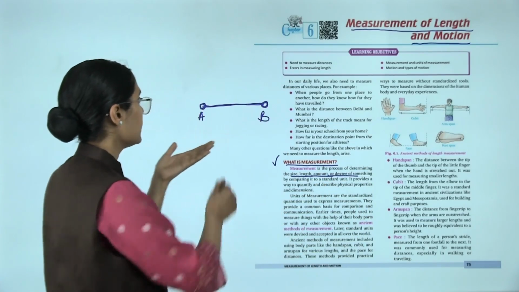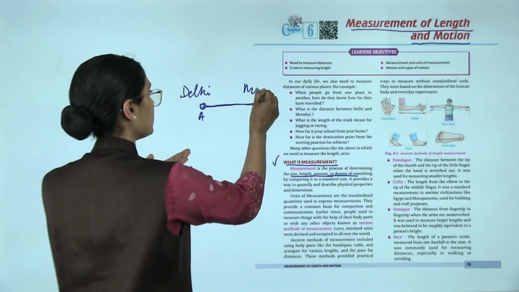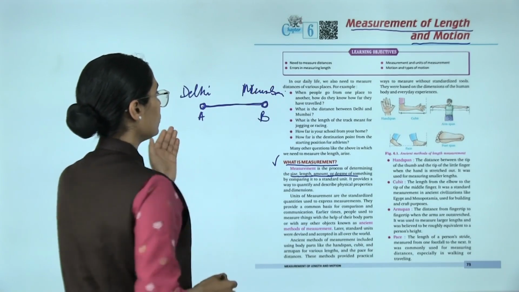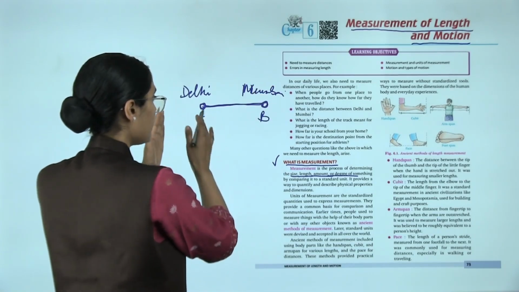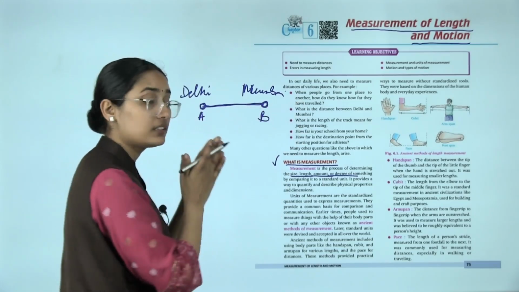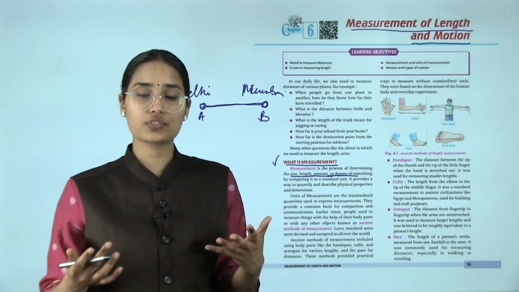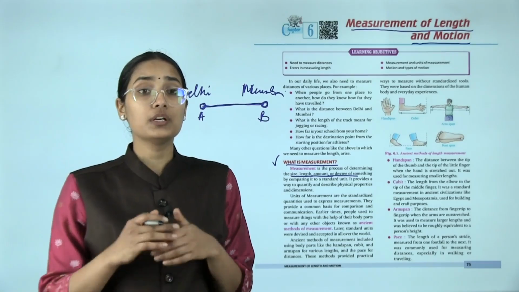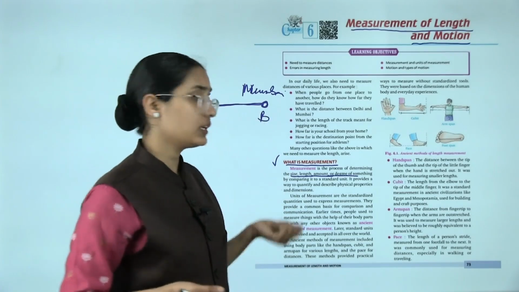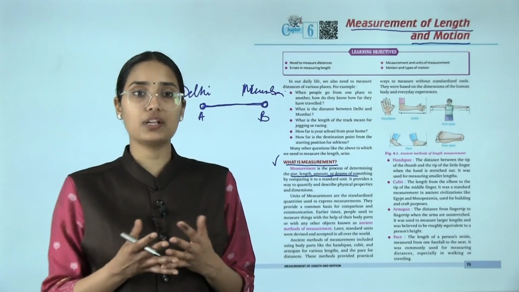In this case also, for example, this is the place Delhi and this is the place Mumbai, and we are trying to measure the length, the distance between them. Sometimes we want to measure the size of something, sometimes the degree of something. So these are all measurement. Measurement provides a way to quantify and describe physical properties and dimensions.